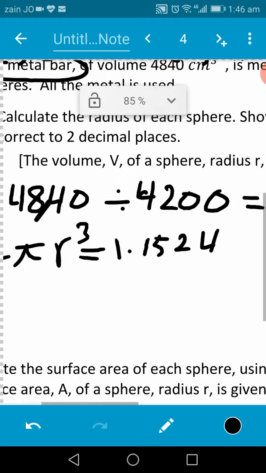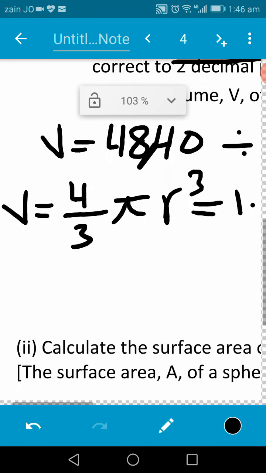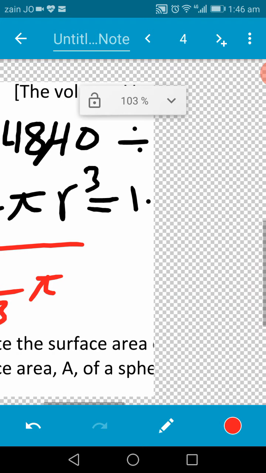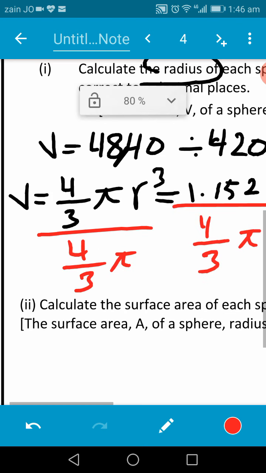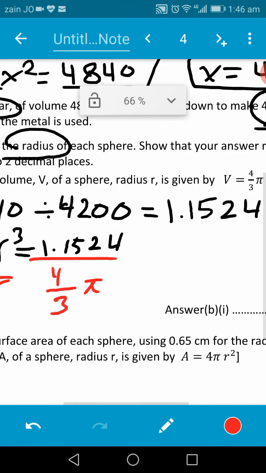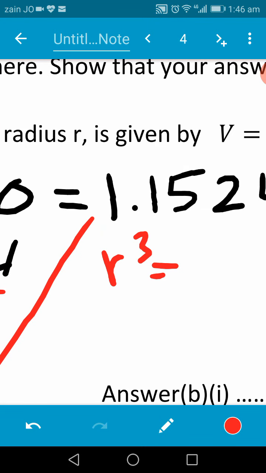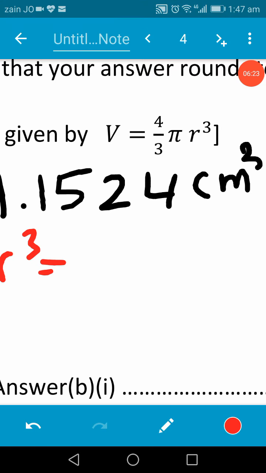Now we need to find the radius, so we need to find r. Divide both sides by 4/3 pi. It cancels on this side. You get r cube equals, by calculator, 0.2751.